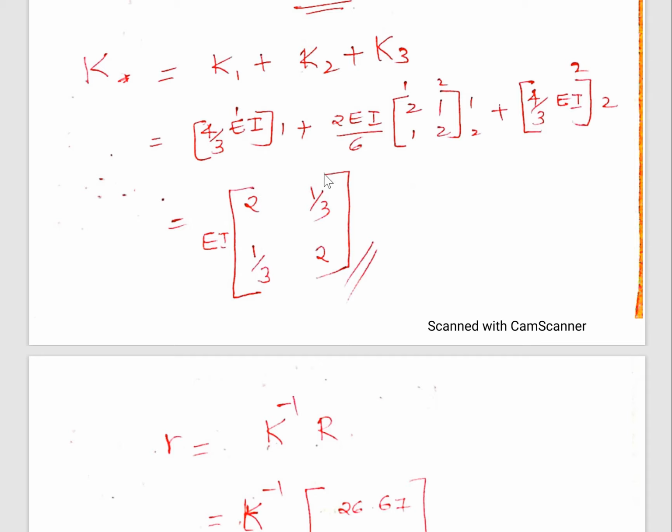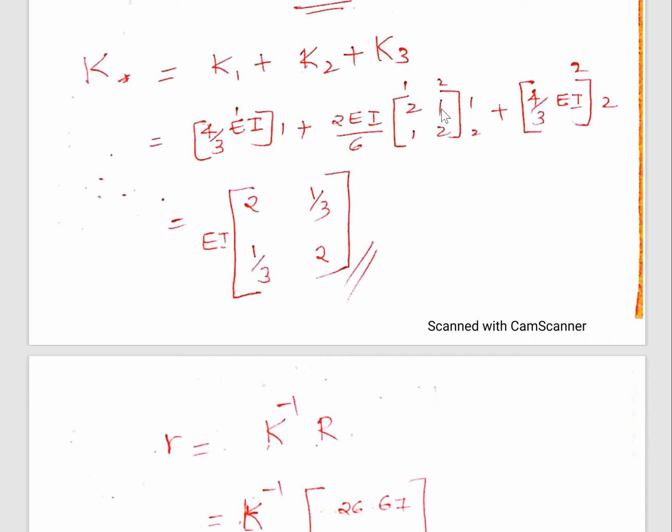Now for the second column, first row, we have only one element. That is written as such: 2EI by 6, multiplied with 1.